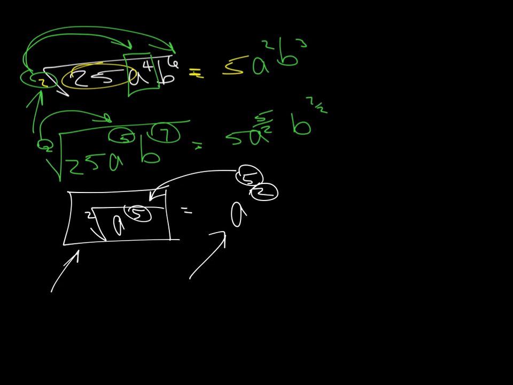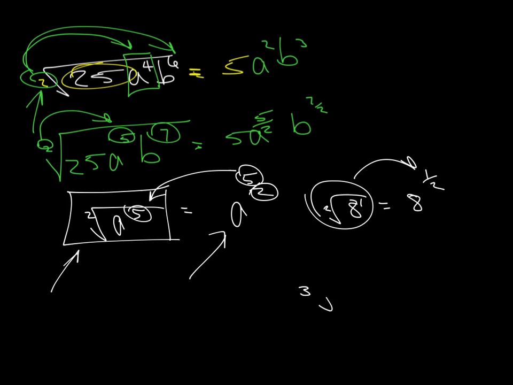So let's say that I have the square root of 8. That has an index of 2 and an exponent of 1, so that can be written as 8 to the 1/2. So any number that is in a radical sign, we can take the radical sign and write it as an exponent.